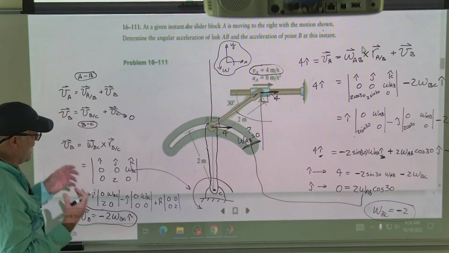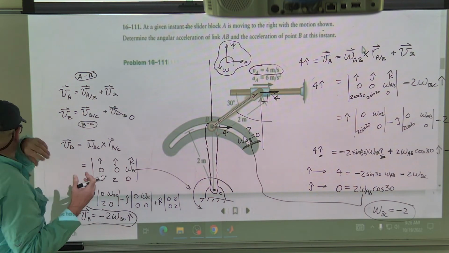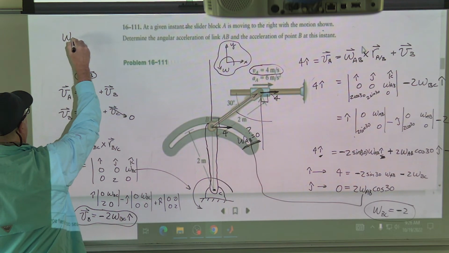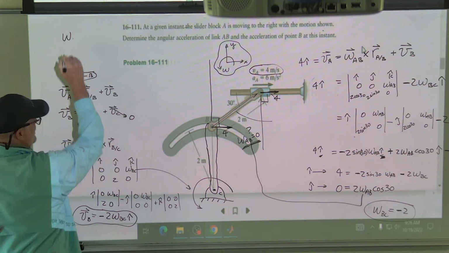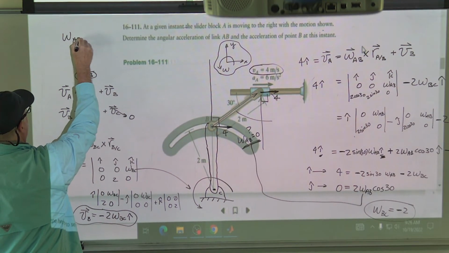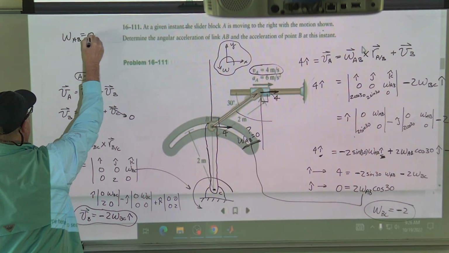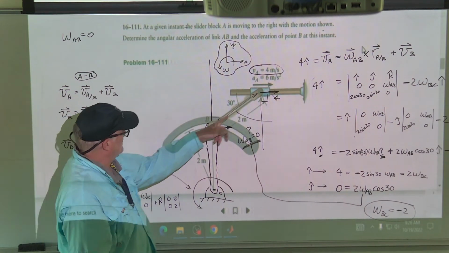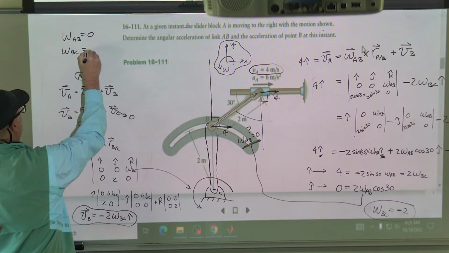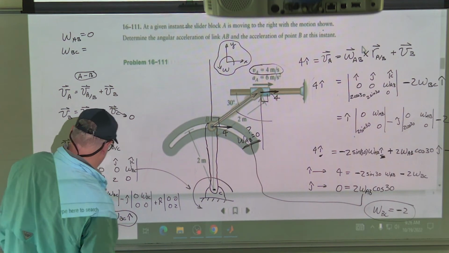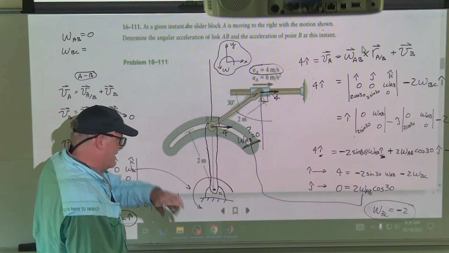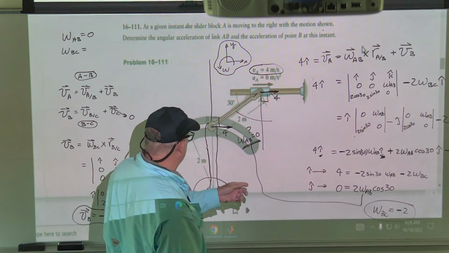Now, here's what I had to have. In order to go further, I have to have omega AB, which is just nothing. And then I have to have omega BC. I'm sorry, omega BC is this one.